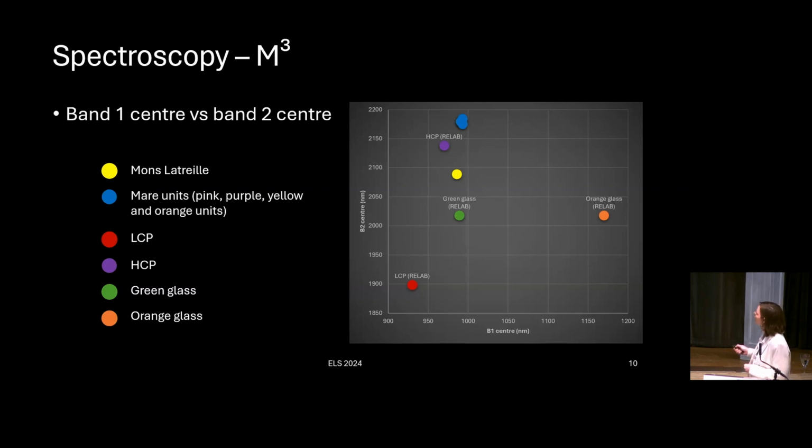Here is the high calcium pyroxene from RELAB, here a green glass, and here an orange glass from RELAB. What is interesting is that Mons Trail has a similar band 1 center to the green glass, and the band 2 is in between the high calcium pyroxene and the green glass.